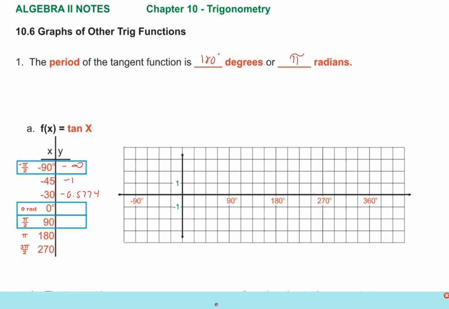Go ahead and punch in 0, hit your tangent button, and that one should be 0. Then punch in 90 and hit your tangent button. What do you think that one is? That's going to be positive infinity.